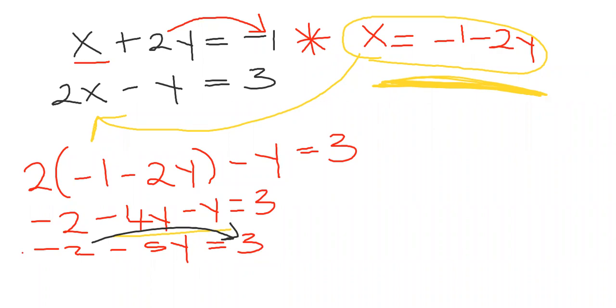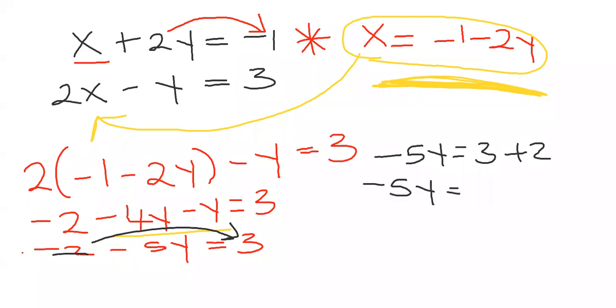Rewriting our equation, we now get negative 5y is equal to 3 plus 2, because this negative 2, when it gets to the other side of the equal sign, becomes positive. Then continue simplifying: negative 5y is equal to 5.